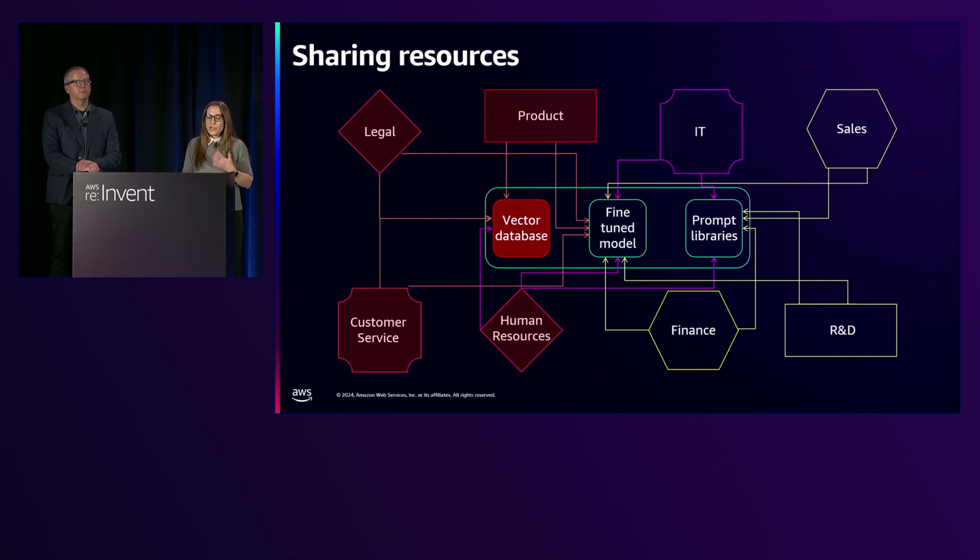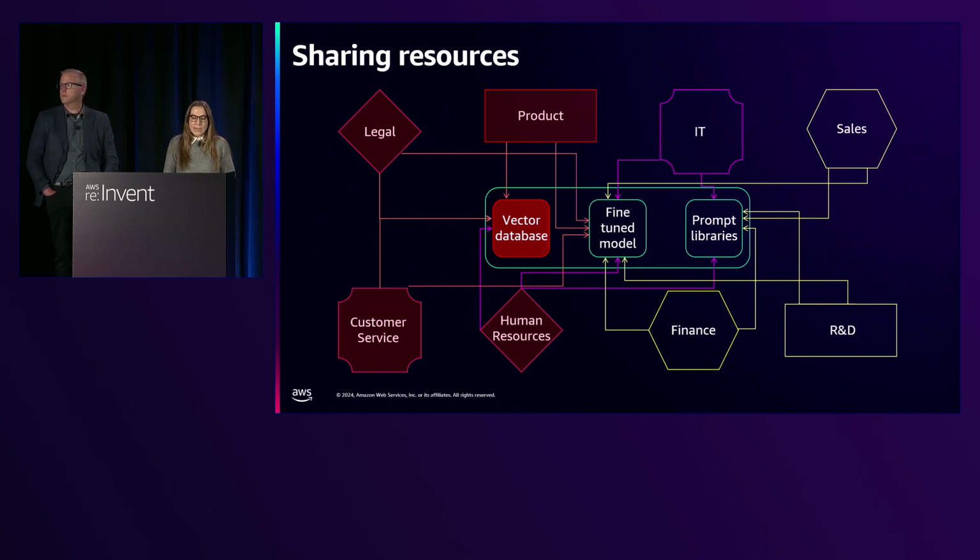So now HR can't access employee records, so leaving staff questions are unanswered. Maybe customer service chatbots are suddenly giving generic responses, and that's frustrating those customers. Legal's contract analysis has ground to a halt, potentially delaying important deals. And product development can't access critical technical documentation, slowing down their work.